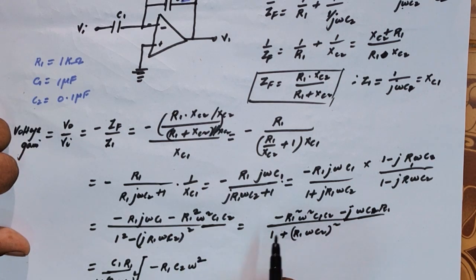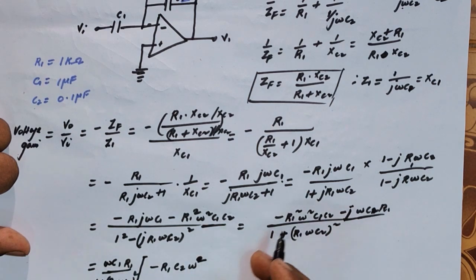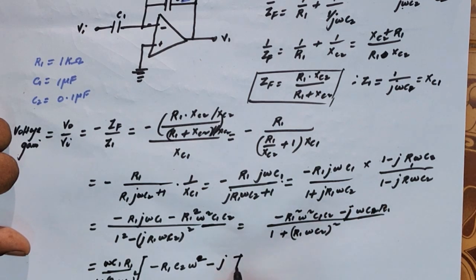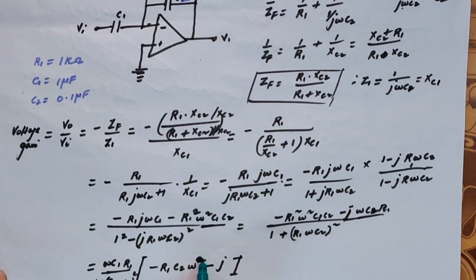Yes, it should be omega squared. Even here, omega also you can take out. If I take out omega, R1 omega C2 minus omega C2 R1, we have taken away, so it will be j. This is a complex number, so we need to find the magnitude. Actually, it's not omega squared, it will be R1 C2 omega.